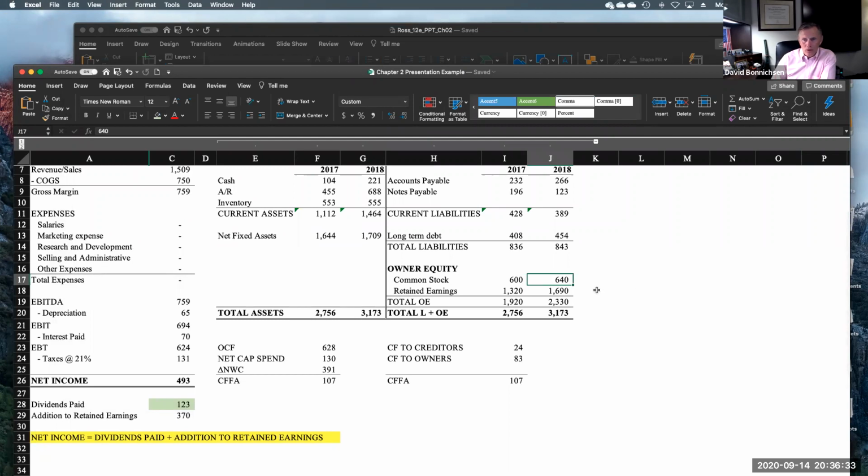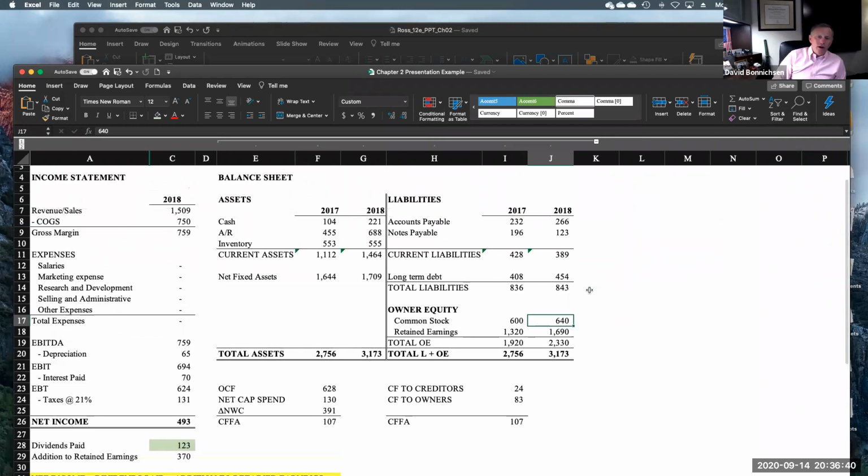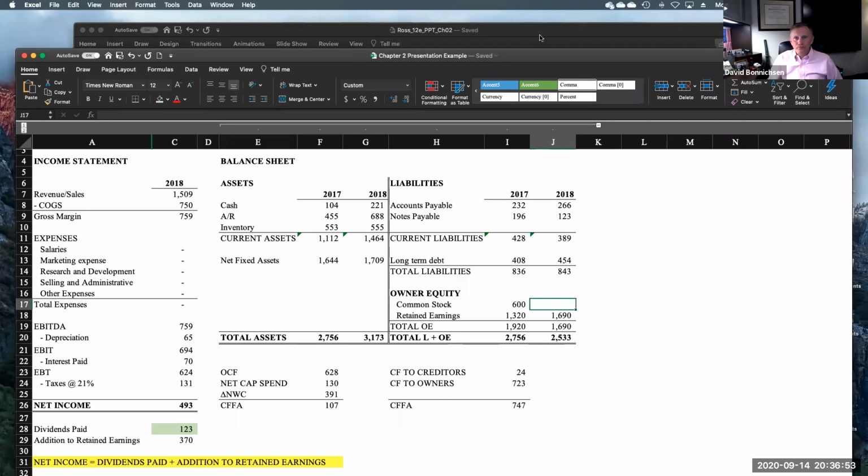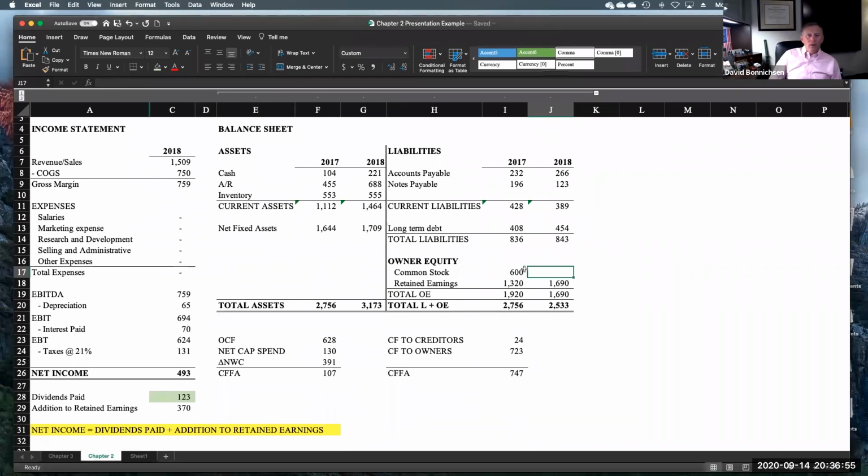Let's just say, for example, that I gave you this question with this US Corp, but I didn't give you any information around what the common stock value was for 2018. I gave you everything else. You plugged in all the numbers. You calculated retained earnings. You added the 370 to retained earnings over the 1320 to get the 1690.